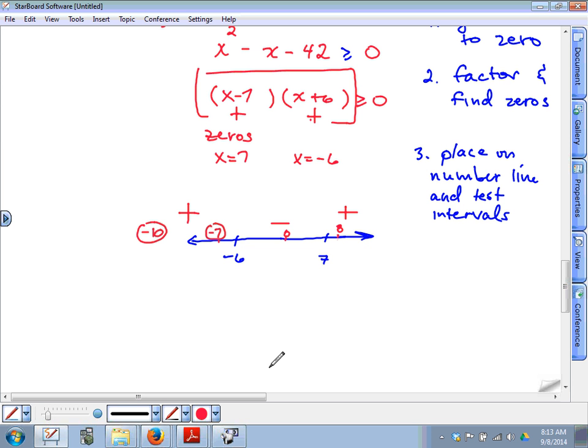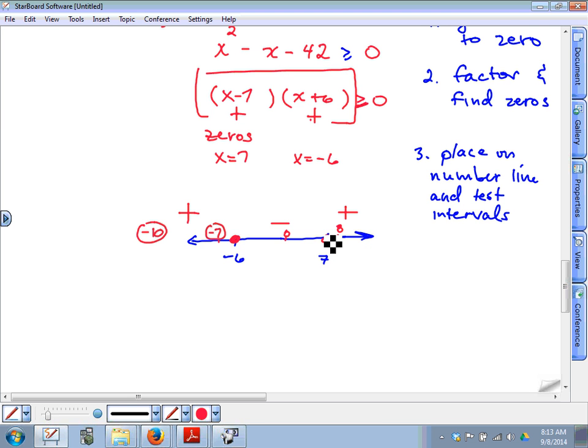We wanted intervals that produced positive values because we have greater than or equal to 0. So this interval solves the inequality, this interval solves the inequality. You always have to consider, though, the endpoints, the negative 6 and the positive 7. Do we include those or not include those? What do you think? We include them, exactly, because it's equal to.